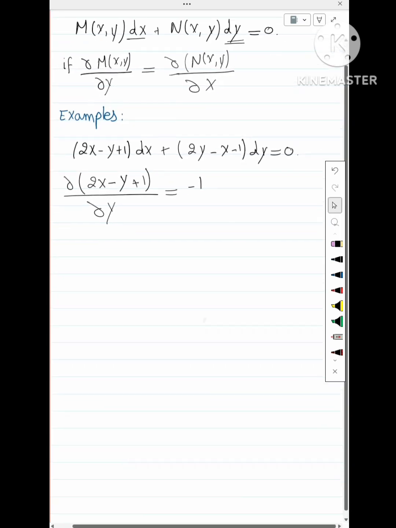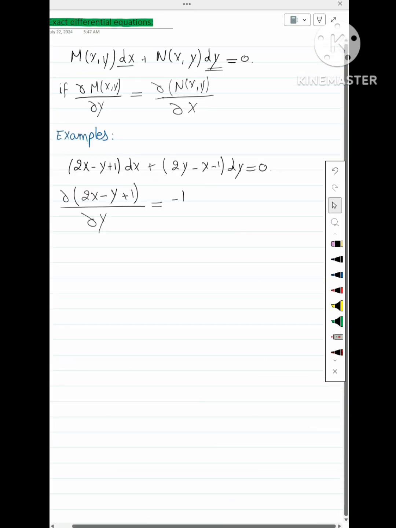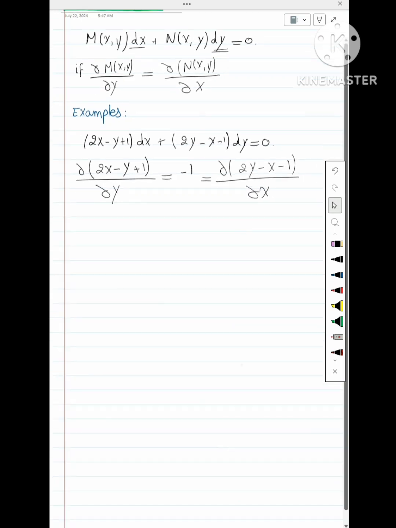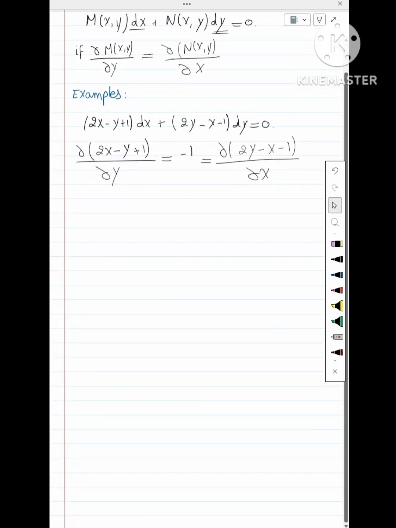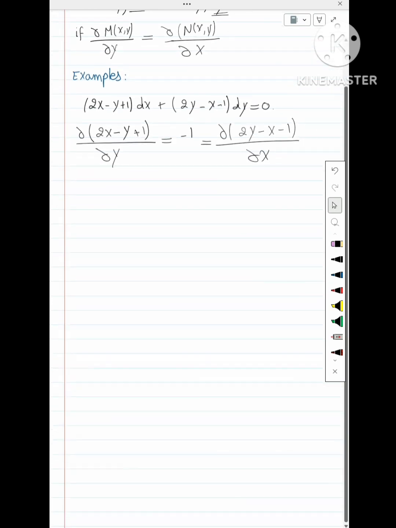We see if it's equal to the derivative of 2y - x - 1 with respect to x. Here, 2y is 0 and the 1 is 0, and minus x with respect to x is minus 1, so they are equal. So we can say this is an exact differential equation, and we are going to see the method of grouping.